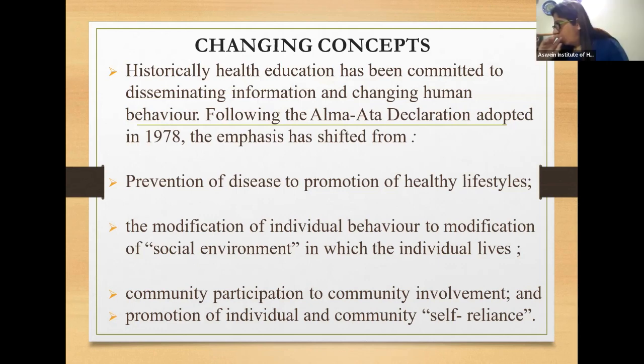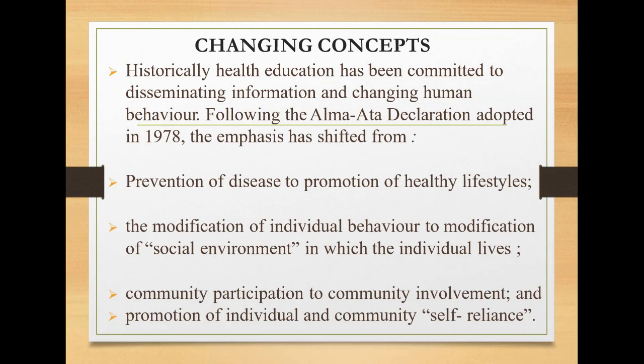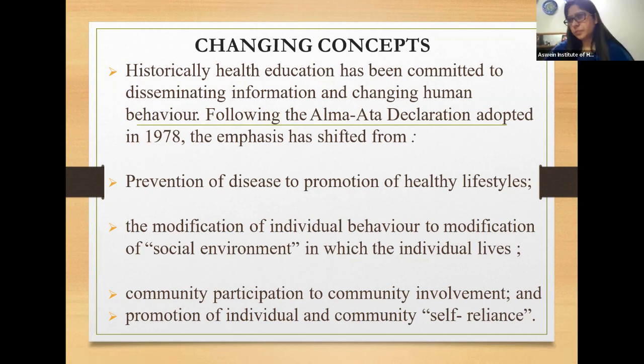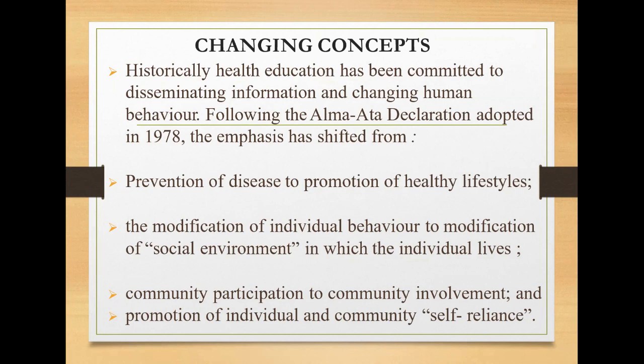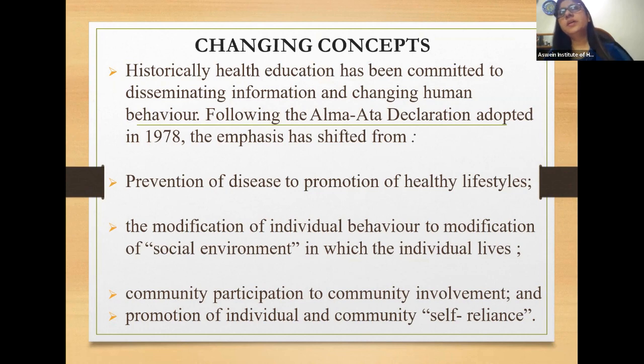Prevention is individual based. When we talk about prevention, it is person specific. Just remember that. So for example, there is a person who is 30 years old, and he has hypertension in the family.